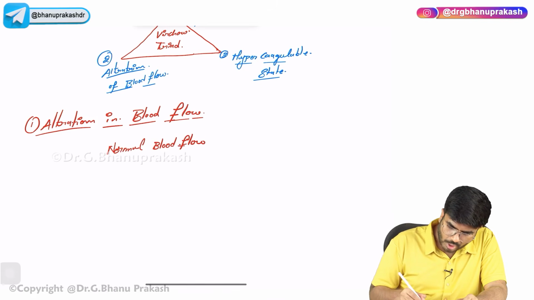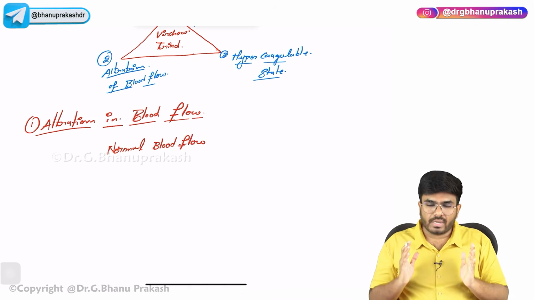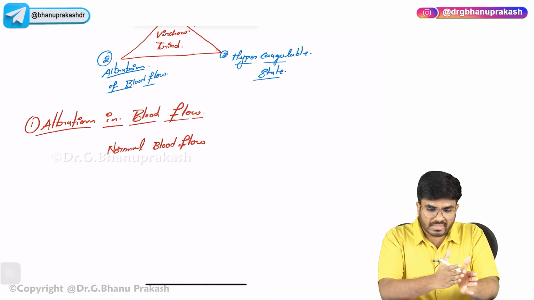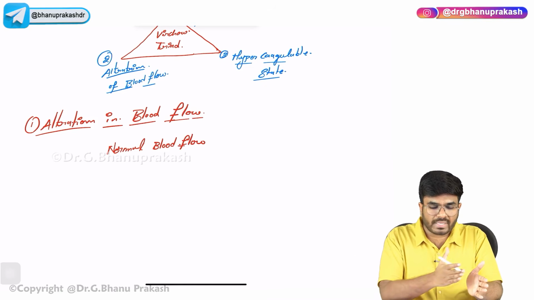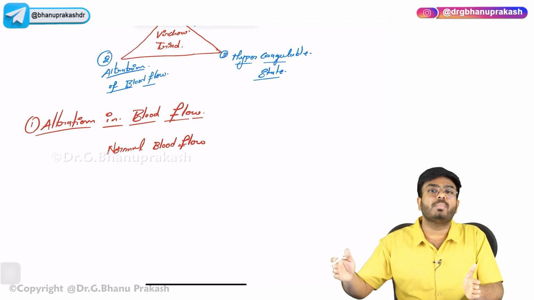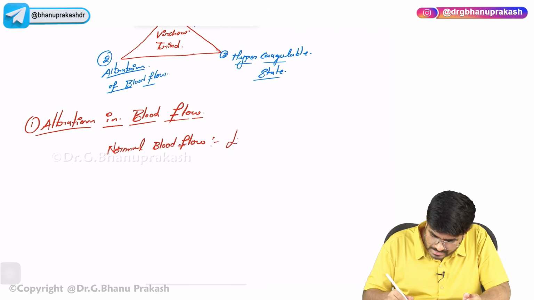The normal blood flow is like a group of soldiers marching. How regular they are, perfectly regular. In the same way, the blood cells are going in a proper streamlined fashion. The normal blood flow is streamlined, which is called laminar blood flow.